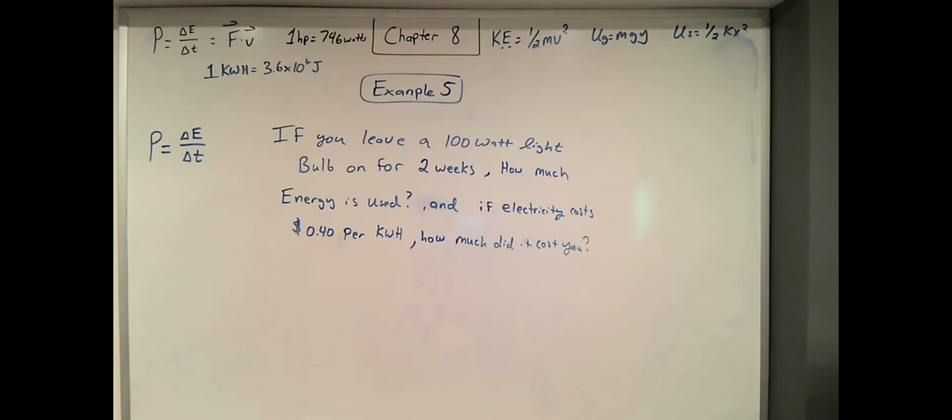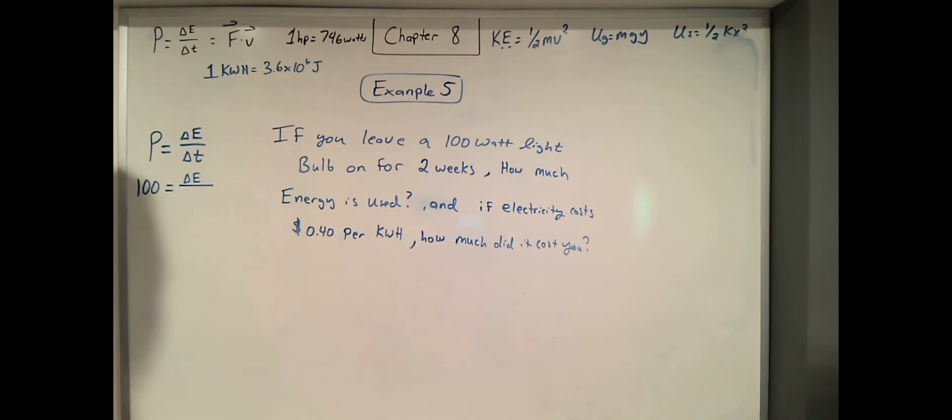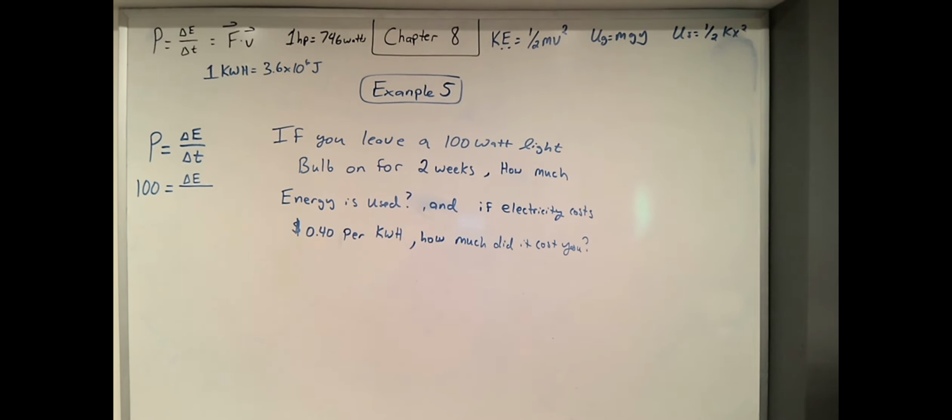It gave us the power of 100 watts. The change in energy would be how much energy we spent in this amount of time. Well, how long is 2 weeks? Remember, I have to have SI units here. So finding 2 weeks in seconds. Oof, this one might be fun.